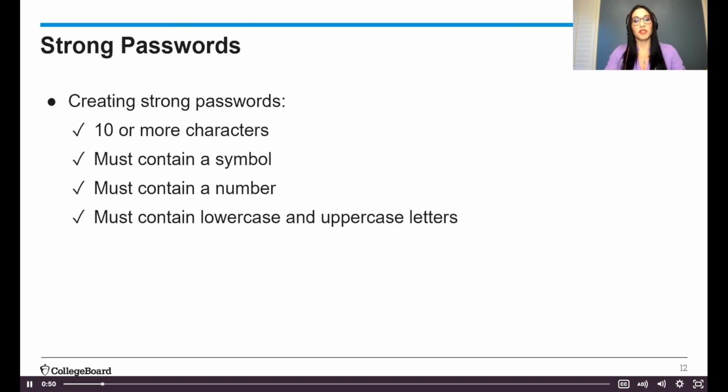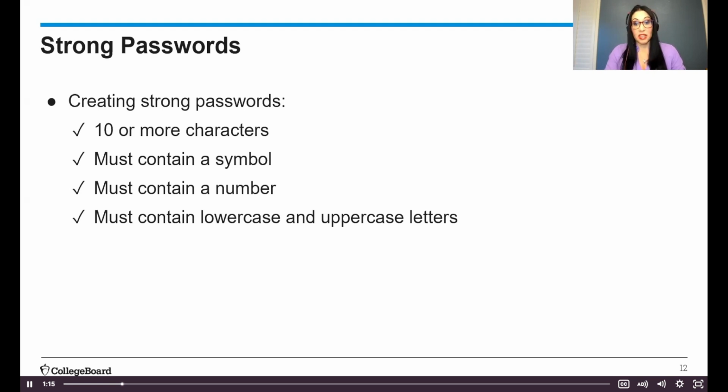Let's talk about passwords first. The easier a password is to guess, the less secure it is. So it makes sense that it's important for users to create passwords that are considered strong. These passwords are usually a certain length, like 8 or 10 or more characters. They normally contain symbols and numbers in addition to upper and lowercase letters.